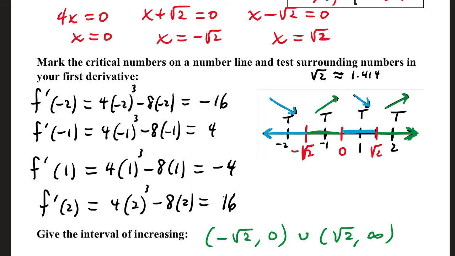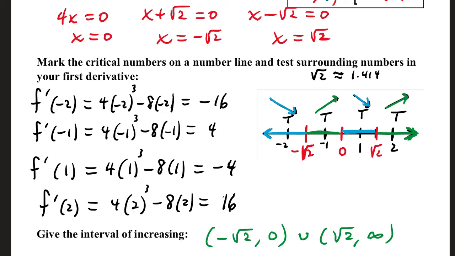So we decreased left of the first critical number and between the second and third critical numbers. So decreasing was in the blue sections, negative infinity to negative square root of 2, and also between 0 and positive square root of 2.